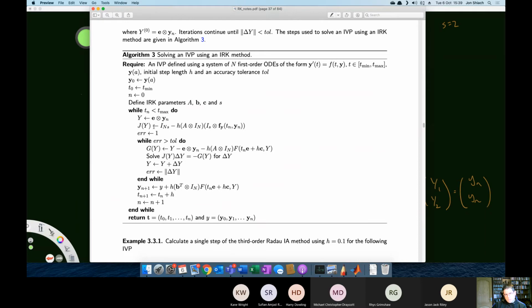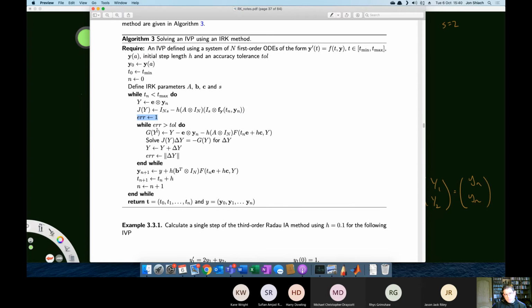We then calculate our Jacobian matrix using, remember, that's our Jacobian for our system of ODEs. That may need approximating, it depends what your ODEs are. Initialize an error to be 1 because we're going to go through an iterative cycle.